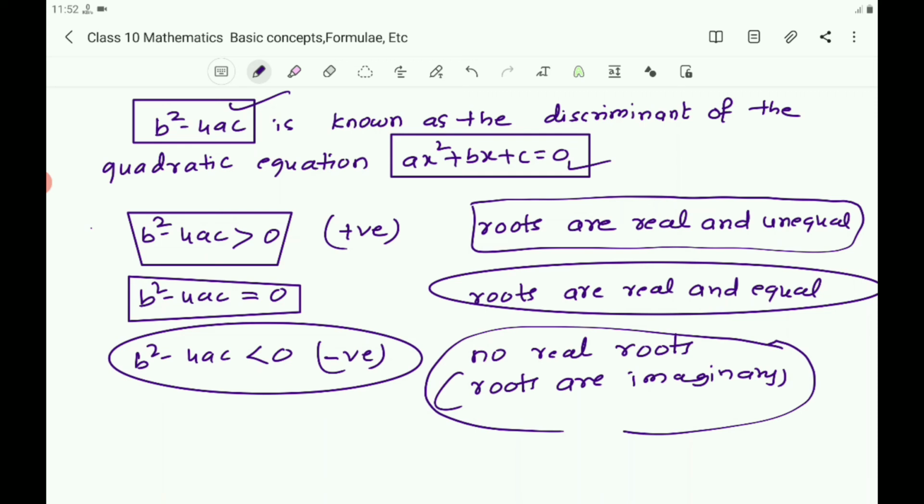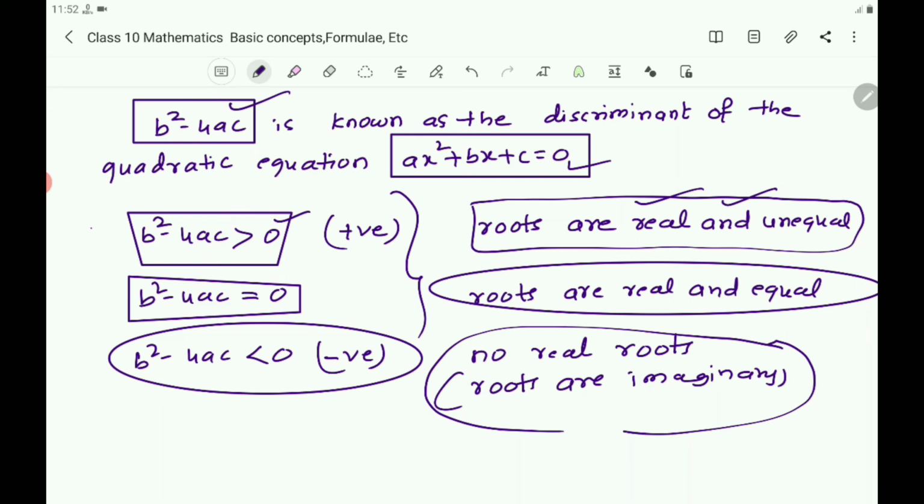Now, what types of questions can be asked on the basis of this discriminant and the nature of the roots? They will give the value of b square minus 4ac and ask about the nature of the roots, or they will give the nature of the roots of the quadratic equation and ask about the value of b square minus 4ac.